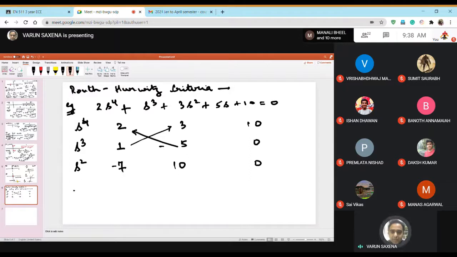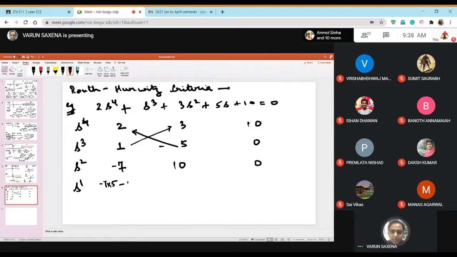Then we come to S to the power 1. Now you have minus 7 multiplied by 5, which is minus 35. So you have minus 7 multiplied by 5 minus 10 multiplied by 1.